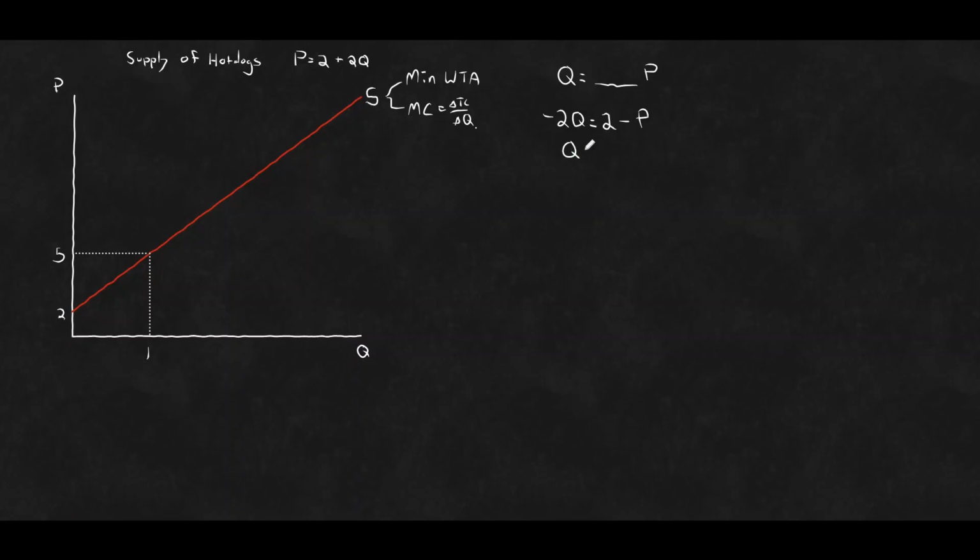So we would get Q equals, well, that's now going to be 2 over negative 2, so that's just going to be negative 1, plus, technically there's a 1 in front of that, so that's now negative 1 divided by negative 2, plus 1/2 P. And this would technically be our supply equation, such that at a price of 5, we would get our total quantities.